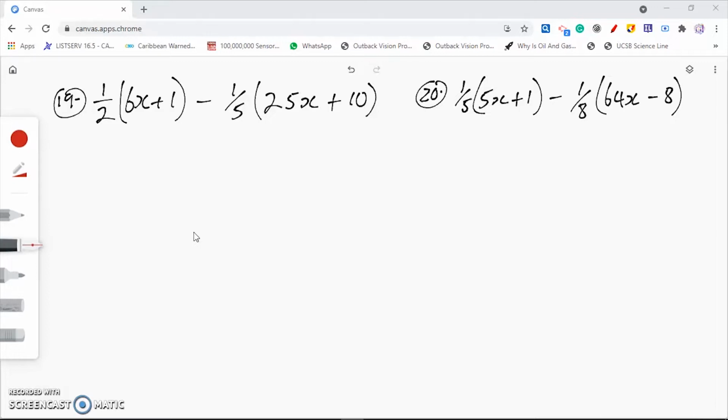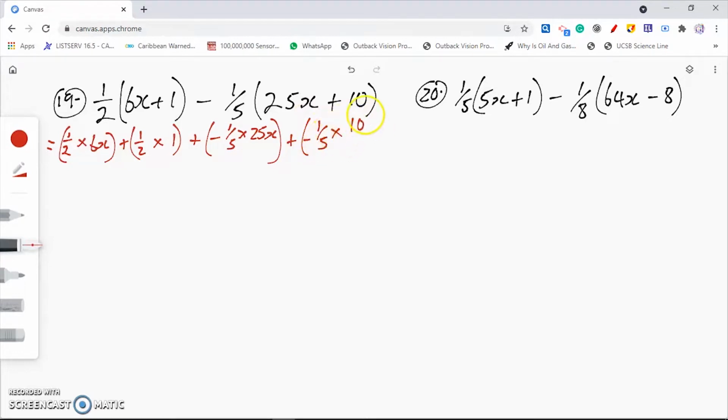Okay, so we would write half times 6x plus half times 1 minus, rather plus, we say plus negative 1/5 times 25x plus negative 1/5 times 10.